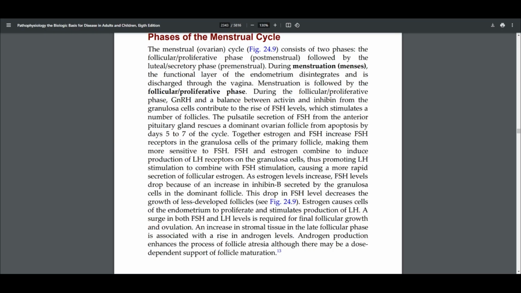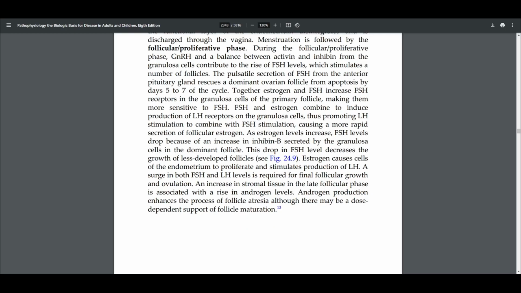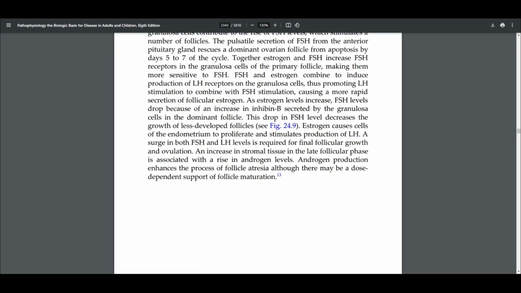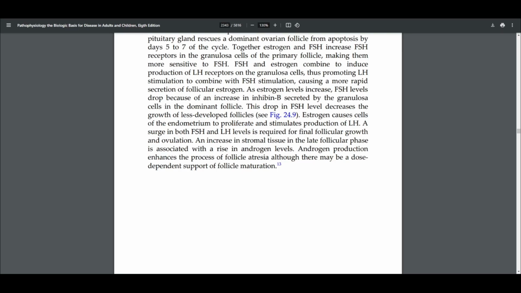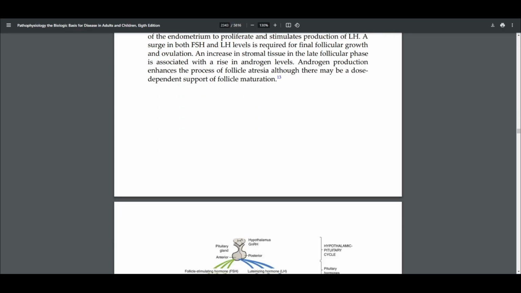A surge in both FSH and LH levels is required for final follicular growth and ovulation. An increase in stromal tissue in the late follicular phase is associated with a rise in androgen levels. Androgen production enhances the process of follicle atresia, although there may be a dose-dependent support of follicle maturation.